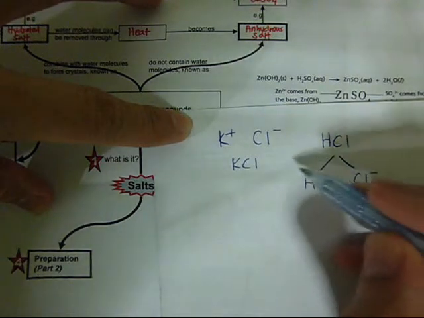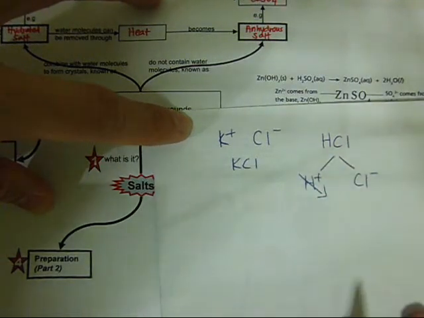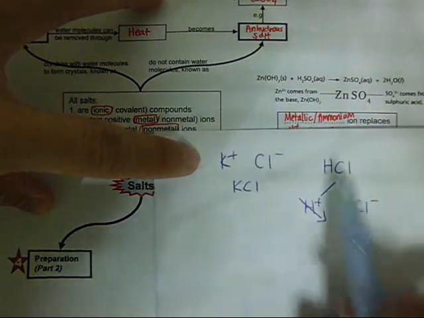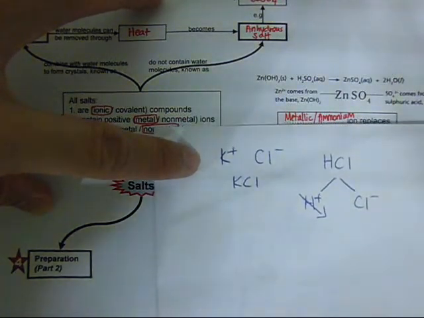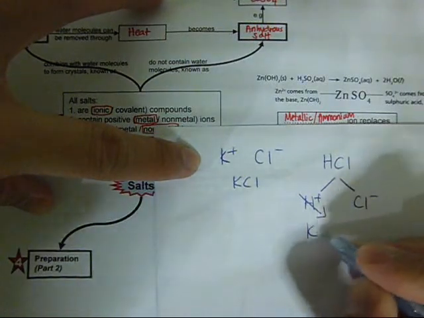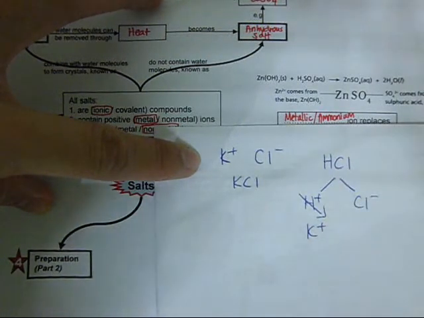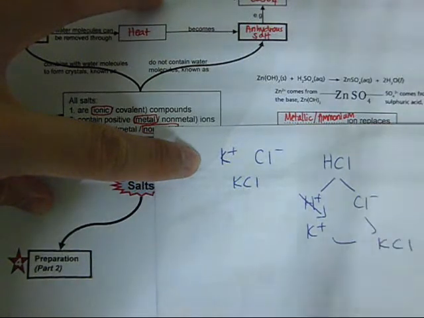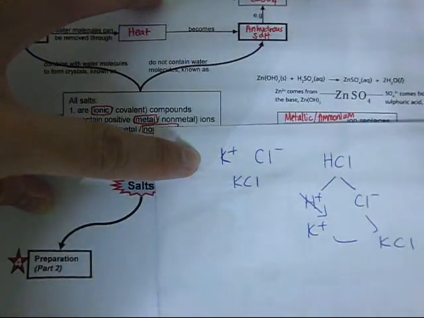When this hydrogen ion is replaced by a metallic or ammonium ion, for example potassium ion, it becomes potassium chloride. So this is how salt is formed.